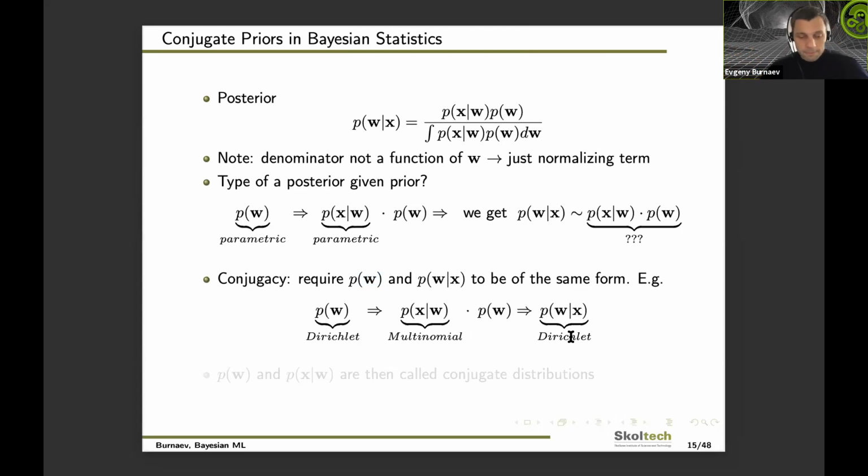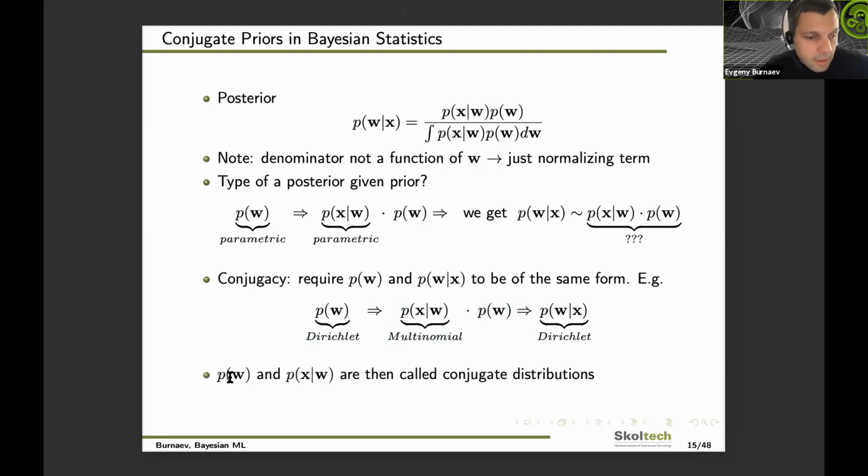So that means that we don't need to calculate anything explicitly. We already know from the very beginning that if these two things happen, then the posterior distribution will be a Dirichlet distribution. And from this fact, we can easily calculate the parameters of this Dirichlet distribution. And this is quite simple.